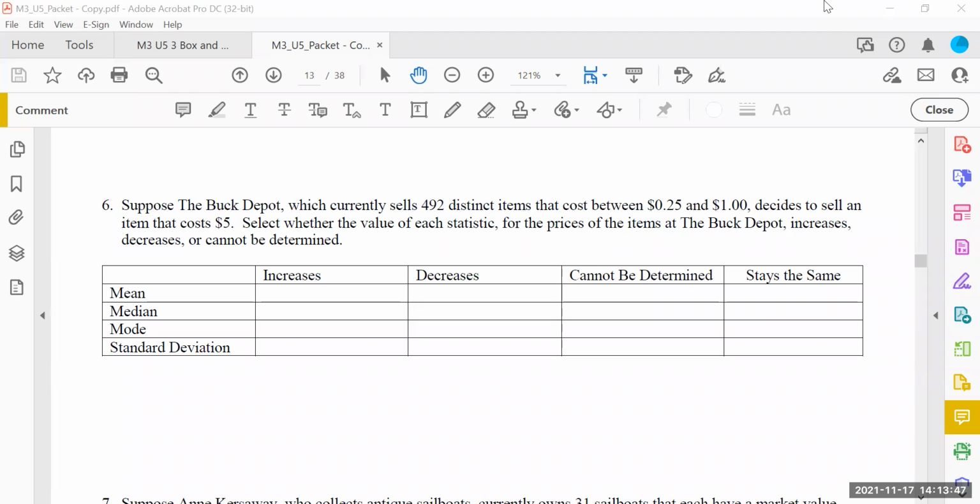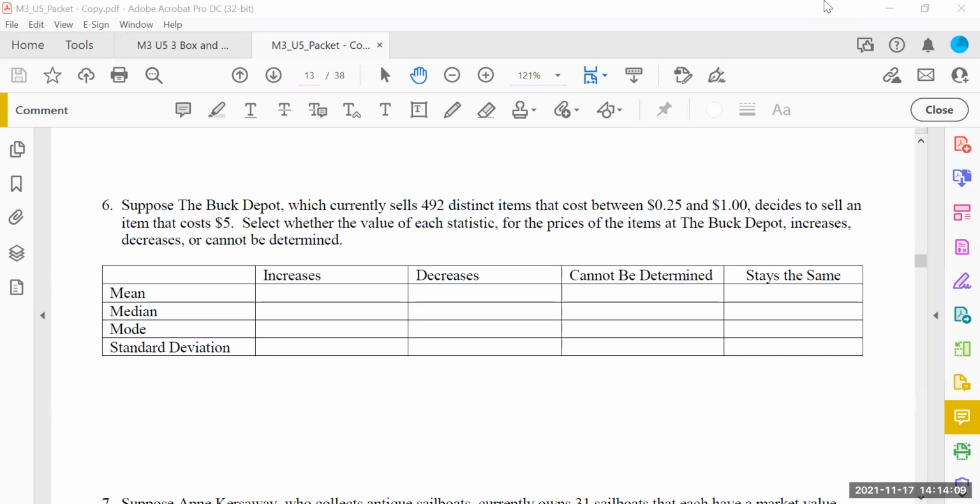This kind of question does not work if the number they're giving you is inside the current range. Does that make sense? Do you all notice how 5 is outside of what they're normally selling right now?